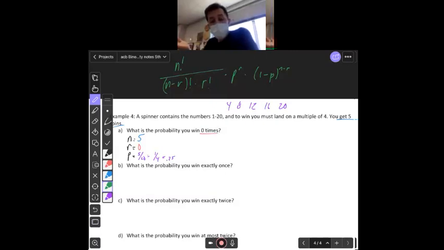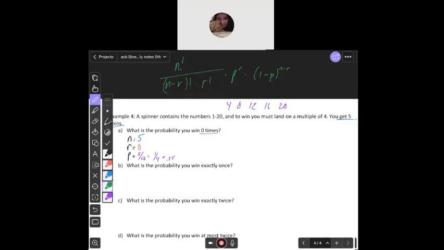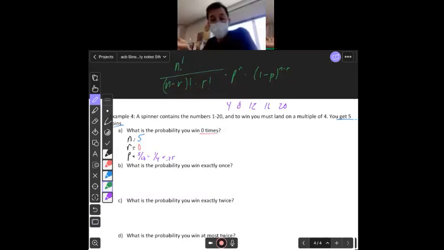So we could change the question and say, well, what's the probability of not winning all 5 times? I was just looking at the wrong part of the question. I get it now. Yeah, but that's certainly a valid question, right? We could also do that math. What's the probability of not winning 5 times? Would be the same as the probability of winning 0 times.